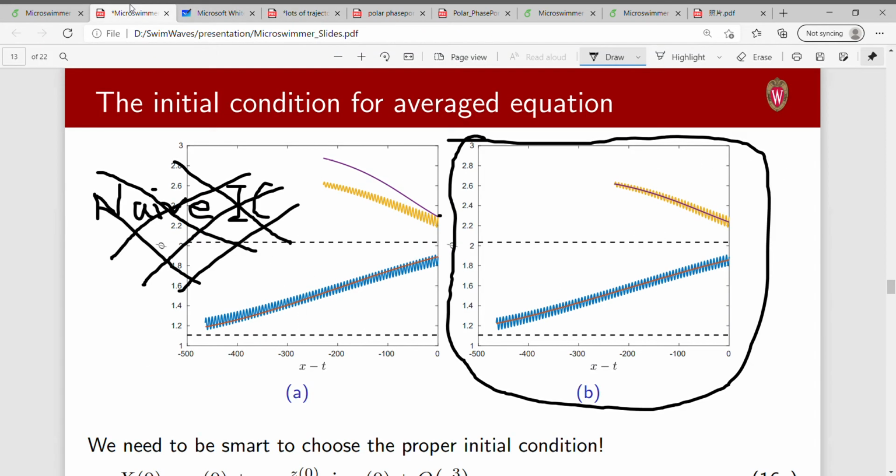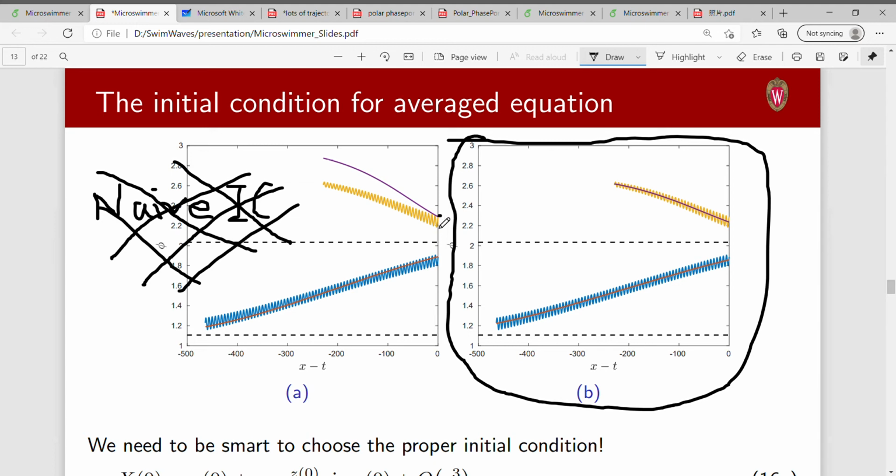And then we were stuck there for a few days, and then we found that the problem is we overlooked the initial condition. So before that, when we compared trajectories, we used exactly the same initial condition, okay?